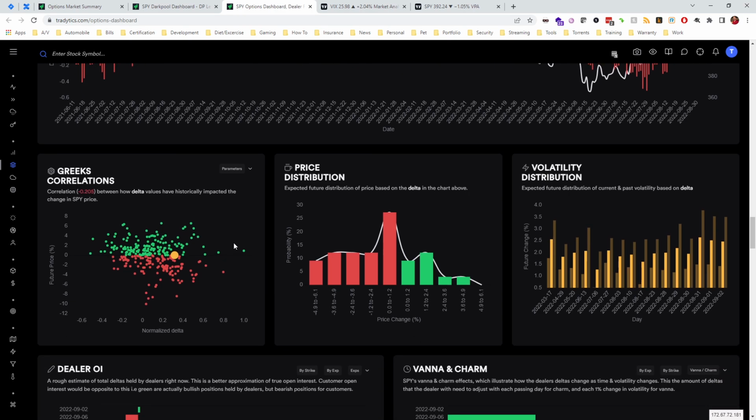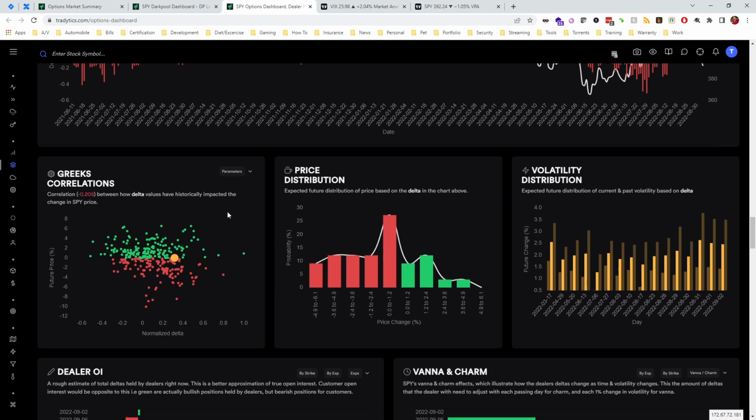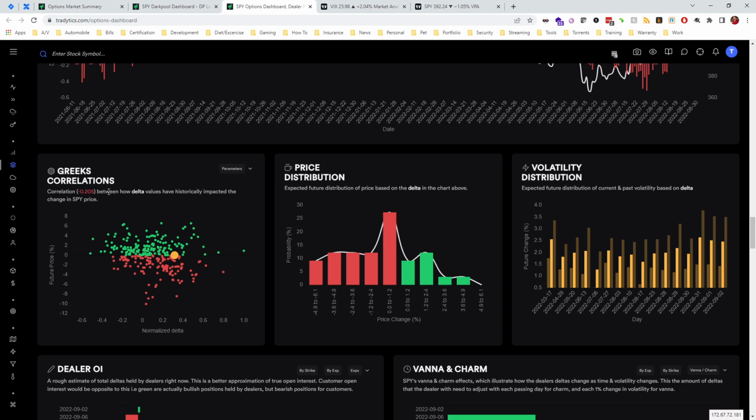So now we can see, okay, what can we expect SPY to do in the next 5 days based on how deltas look in this market right now. Here we have this scatter plot chart, and the orange dot is where we're at. This shows us that if deltas shift more positive or more negative, historically, how has this impacted future price percent changes?